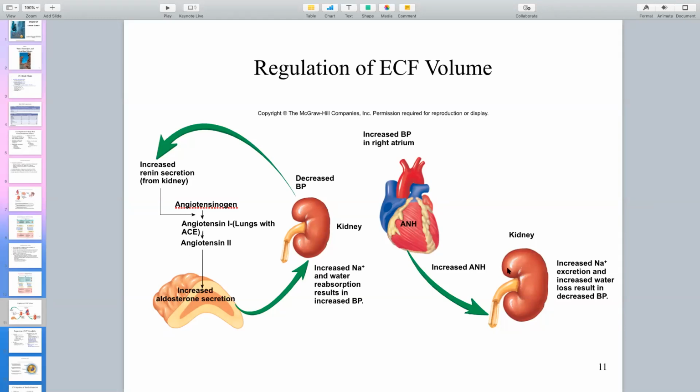right? Aldosterone and ANH, they work in opposition. This one now you have volume overload, where you have too much blood volume. Your blood pressure then is increased. Then ANH, atrial natriuretic hormone, is released from the right atrium, causes our kidneys to decrease sodium reabsorption.